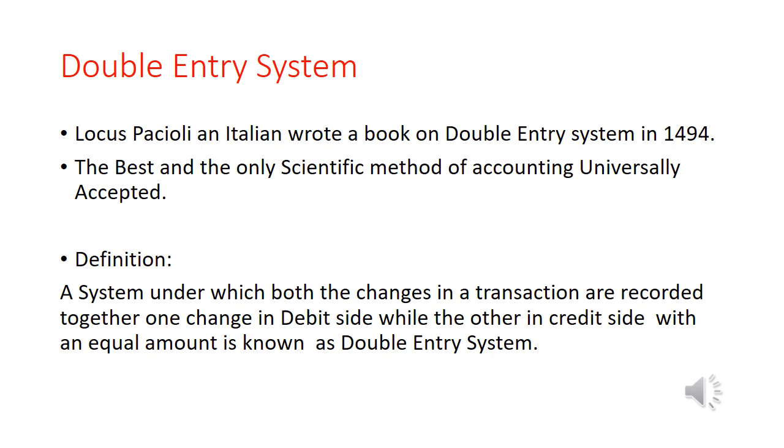Obviously, it is a business transaction. It has brought two changes. Machinery increases by 50,000 and the cash decreases by an equal amount. When recording this transaction in the books of account, both the changes must be recorded. In accounting language, these two changes are termed a debit change and a credit change.